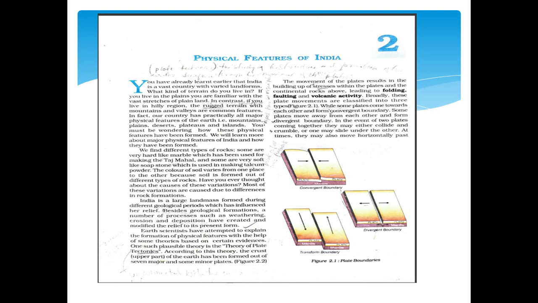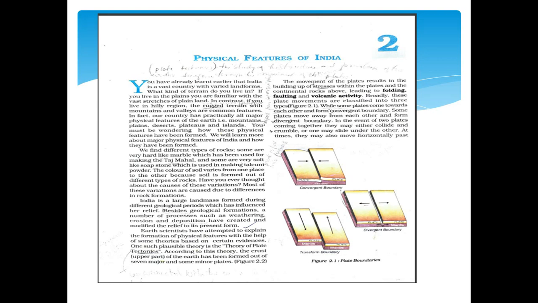Hard rock is there, soft rock is there, and some of them are different in color and so on. So according to the different types and colors of rocks, when it gets powdered and becomes soil, the soil also will get that color. That is how we have different types of soil in different parts of our country.